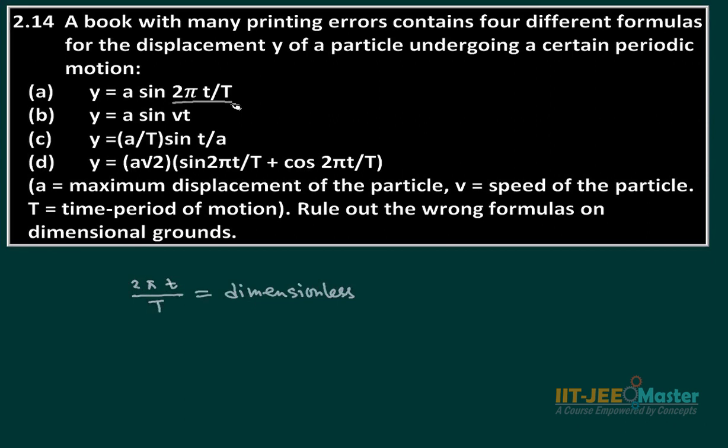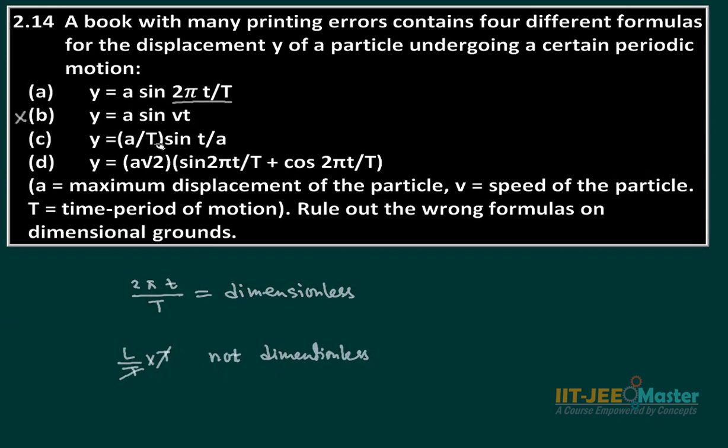So it is the correct expression because sine, tan, cos, exponential or log must have a dimensionless quantity. v into t, that is L by T into T, is not dimensionless. So this is the wrong option.